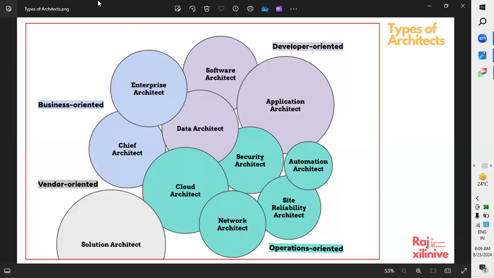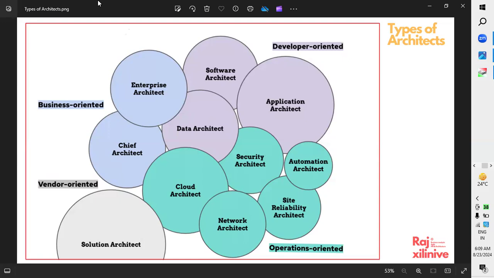But when we are creating a design, it is always important for us to understand the different architect roles. The general perception is that architect means one. But there is no single architect role you see in the field of IT.